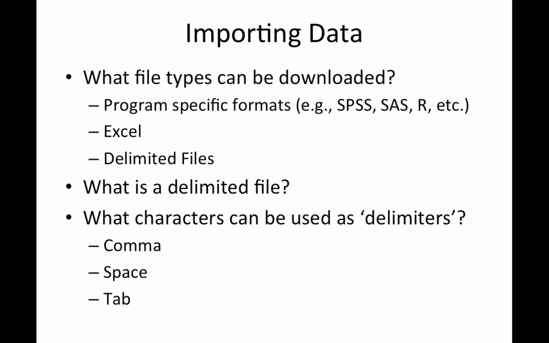In some cases, while these are certainly the most common ones, respondents might put a comma, they're definitely going to have spaces, and they might even have a tab for some reason. When you have collected data and you're ready to export it, it's possible to specify the character that will be used as a delimiter, because the program that is exporting the data will insert that delimiter where appropriate.